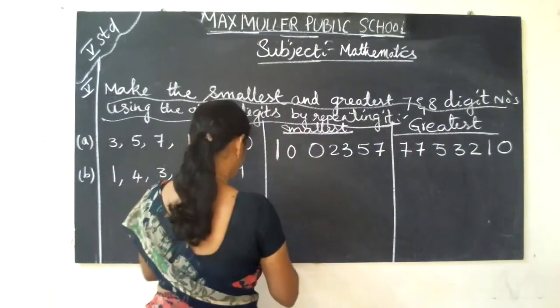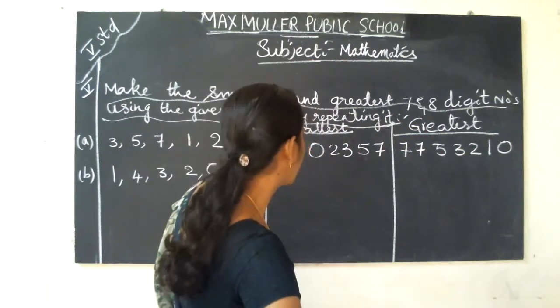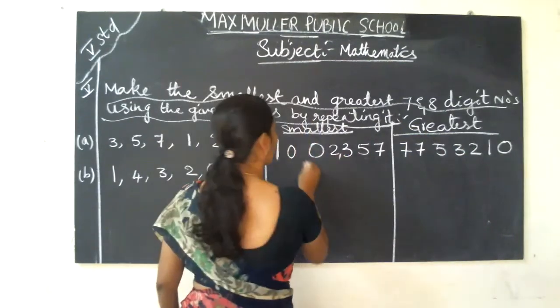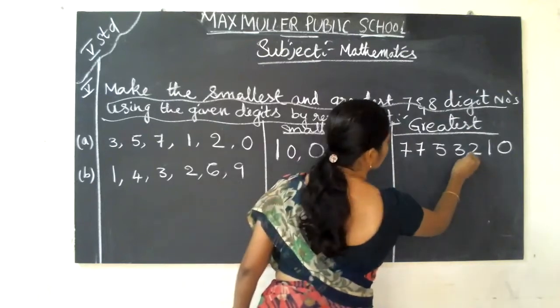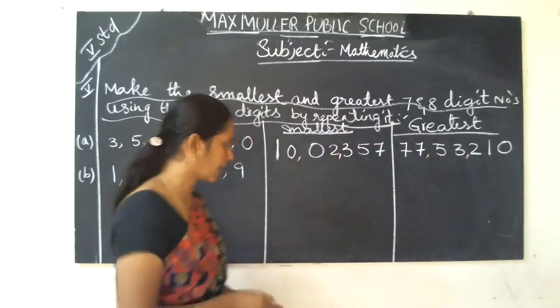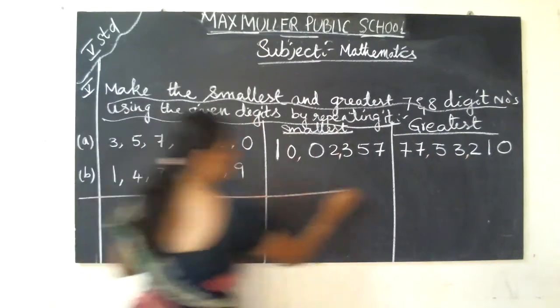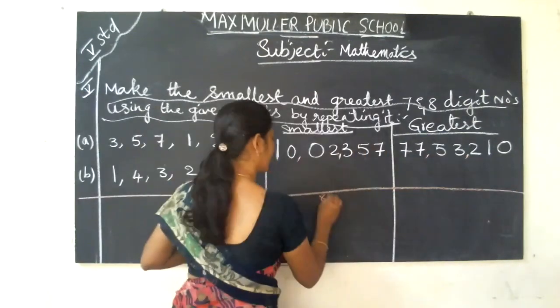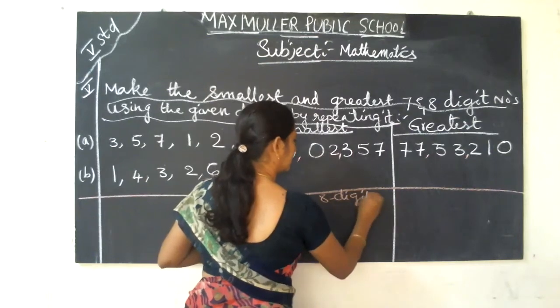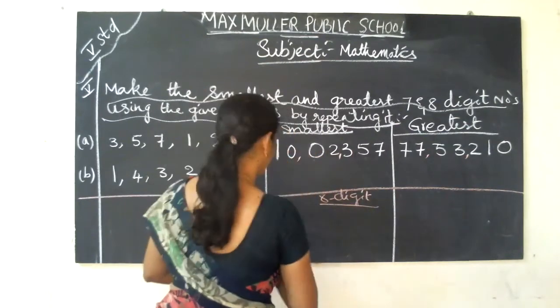Okay, so we put the commas. Next, we go for this 8 digit. I will write it down. This is 8 digit. This is 7 digit.